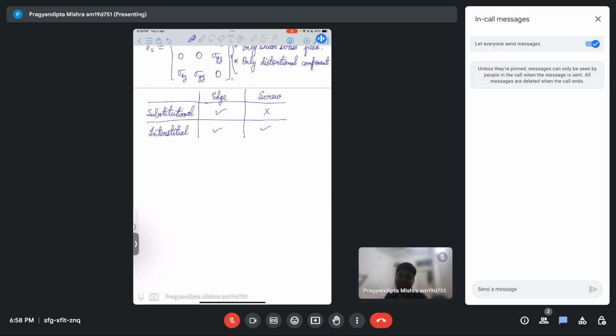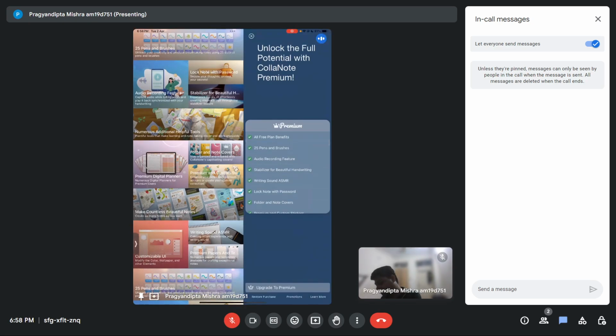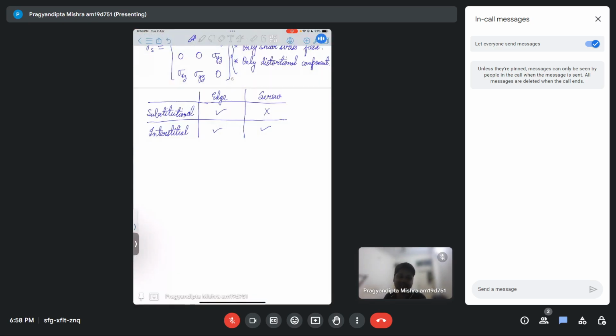Since interstitial solute atoms are able to interact with both edge and screw dislocation, and in any system we'll have dislocations with edge characteristics and screw characteristics, because we'll not have only edge or only screw happening in any system, we'll have a component of both.